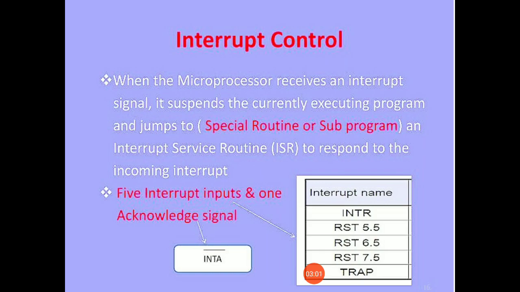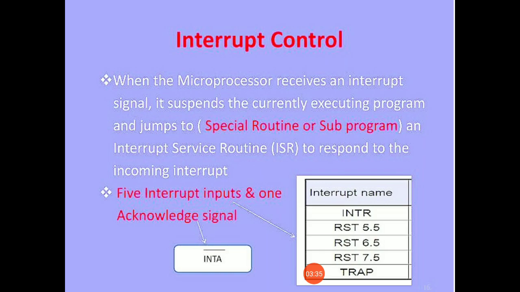The most important thing is that after the execution of the special routine, the program control must be transferred to the program which the microprocessor was executing before the interrupt, that is before the occurrence of that special condition. So this occurrence of special condition is referred to as interrupt.